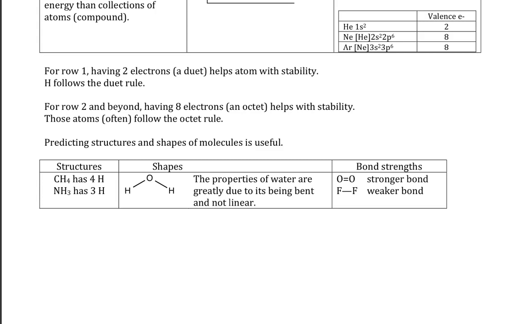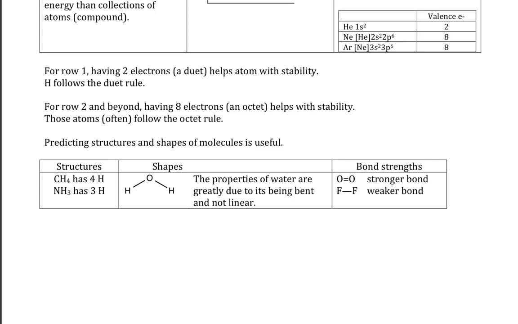For row 2 and beyond, having 8 electrons, an octet, helps with stability. These atoms often follow the octet rule. So they might not have 8 electrons just on their own, but they form bonds in such a way that they end up with access to 8 electrons.